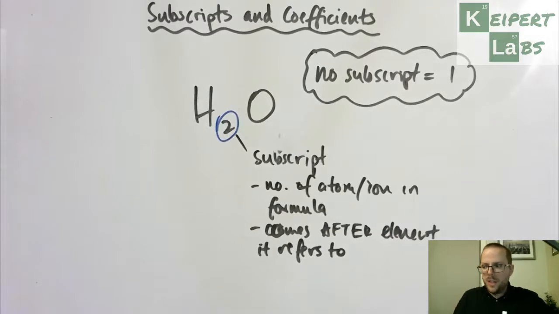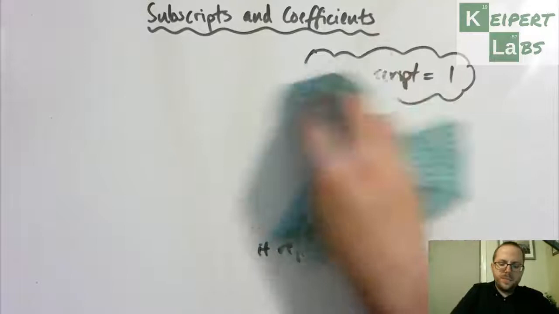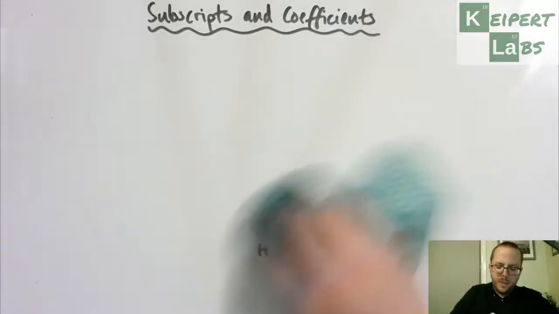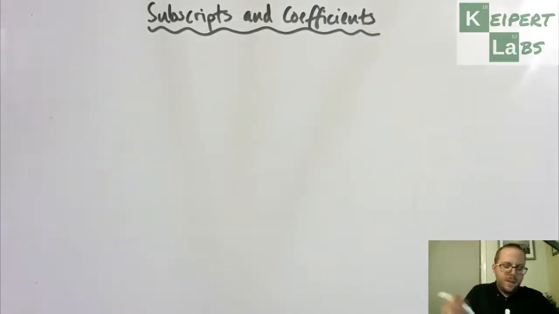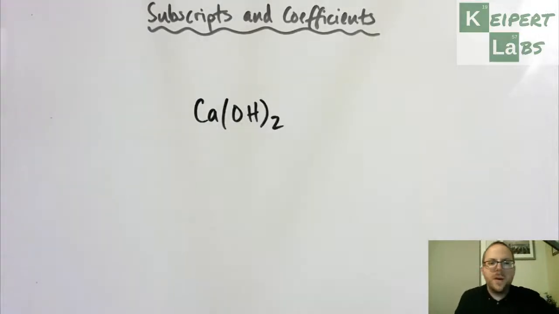Okay, so we can use this newfound knowledge of what subscripts are to look at any chemical formula that we encounter, say this one here, and to be able to identify how many different things there are present in here.